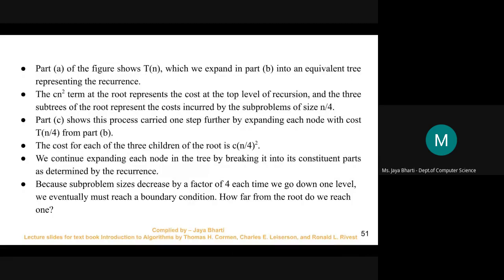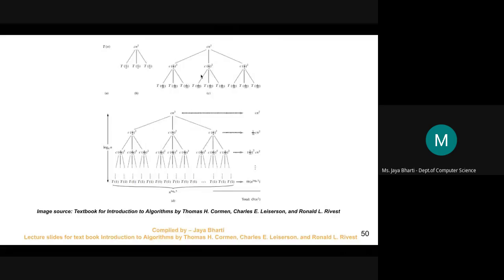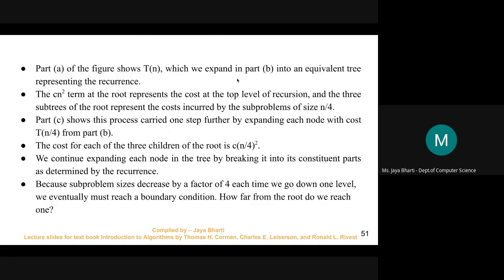Okay, so whatever was in part B, from there each sub problem is further divided into 3 sub problems. So the cost of each of the 3 children of the root is c (n/4) square.